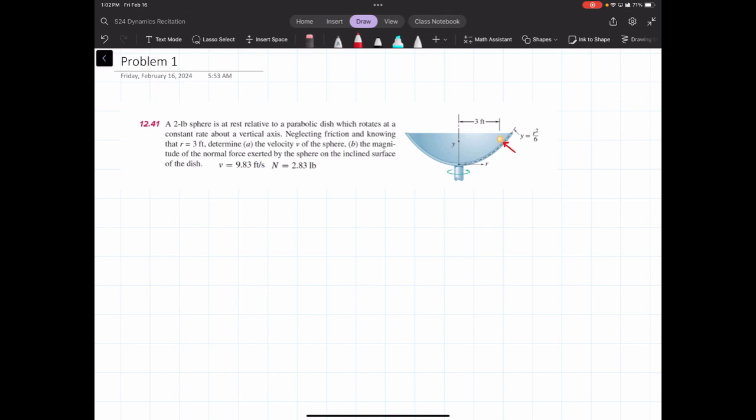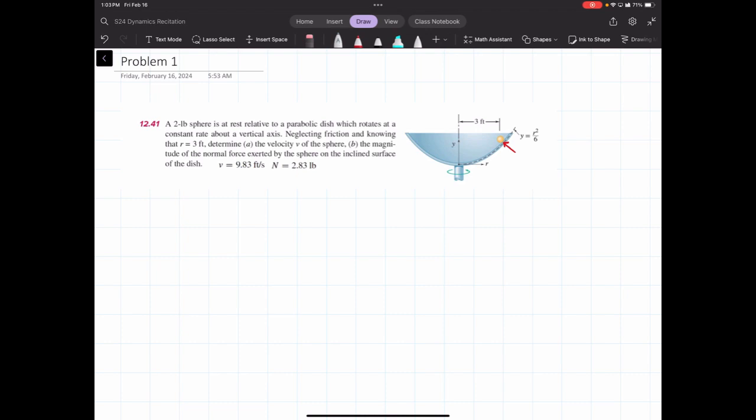That is, again, another hint that we might be using path coordinates, because in path coordinates, we have one coordinate going towards the normal, and then one going tangent to the motion of the object.